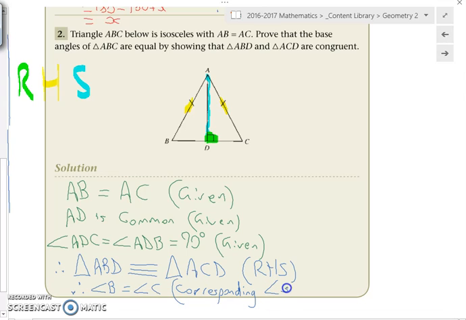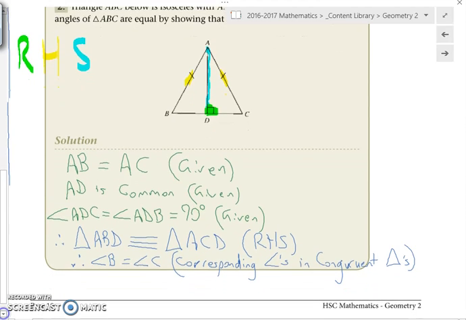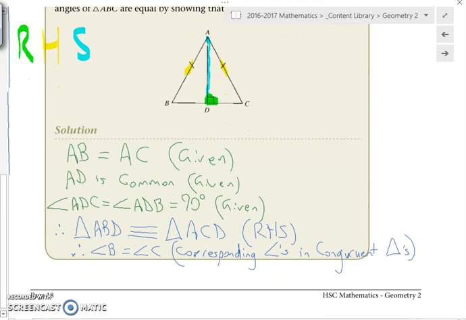Corresponding angles in congruent triangles. Yeah. So we've now proved that those two are equal. But the actual question said prove the base angles of the triangle, right? So just finish off. Base angles are equal. Done. Everyone happy with that?